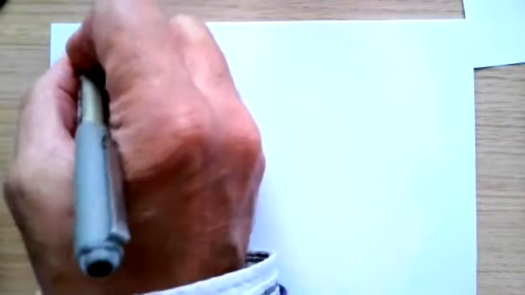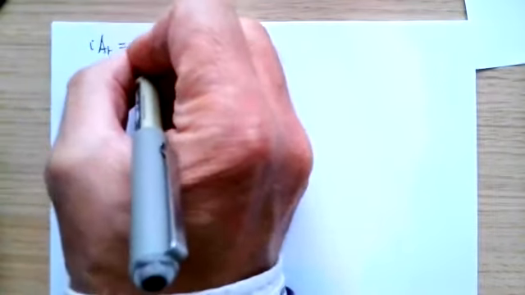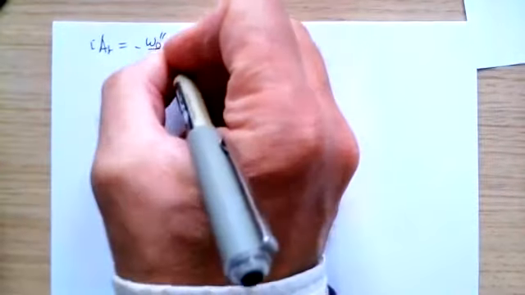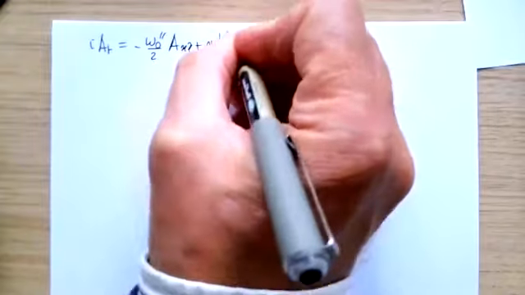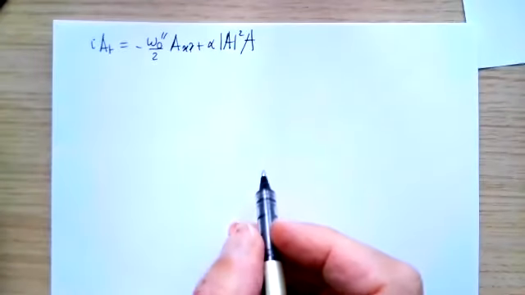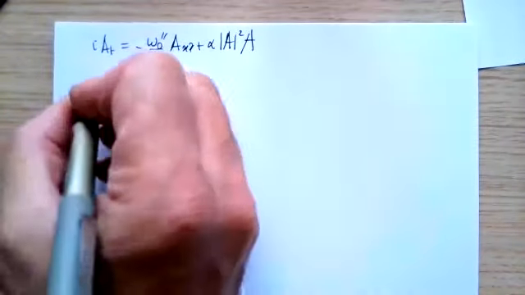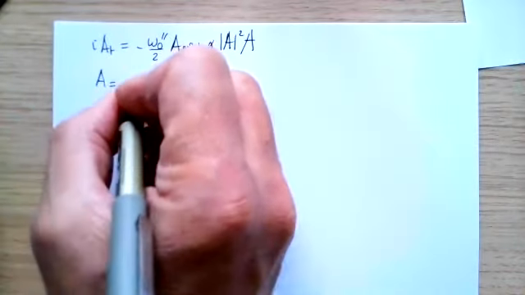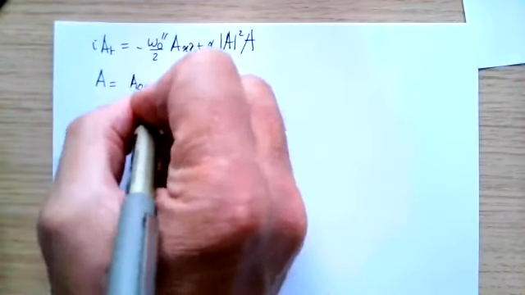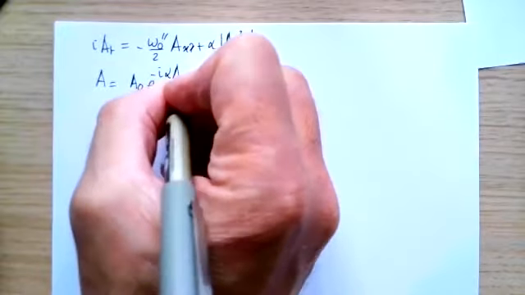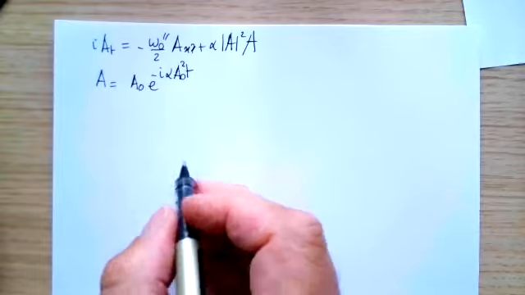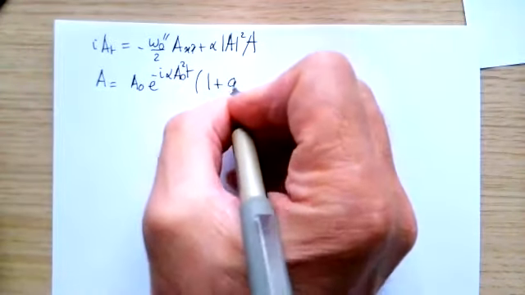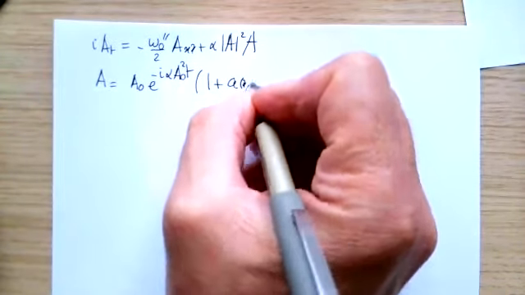And so remember, the equation is i A_t equals minus something like that. And A is of the form A naught exponential minus i alpha A naught squared t times 1 plus a(x,t).